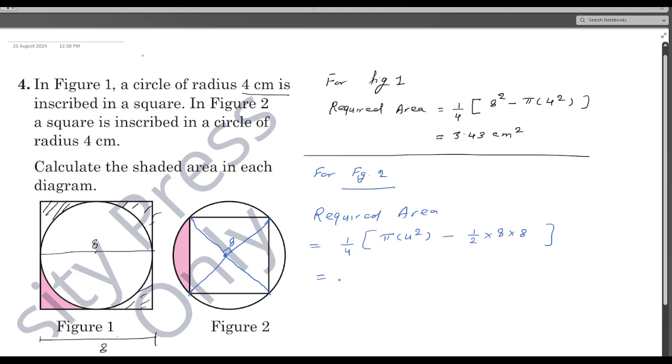So this is 16 times pi minus 64 divided by 2. The whole result I will divide by 4. So 4.566.